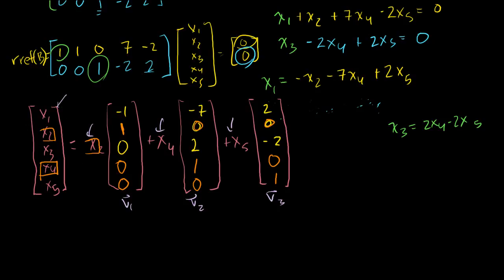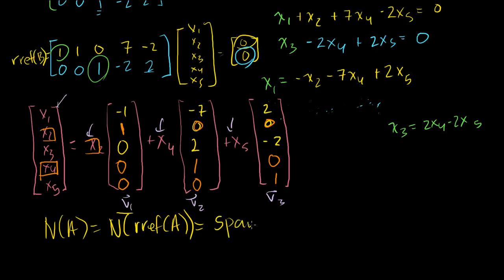So the null space of A, which is of course equal to the null space of the reduced row echelon form of A, is equal to all the possible linear combinations of these three vectors, is equal to the span of my vectors v1, v2, and v3, just like that.